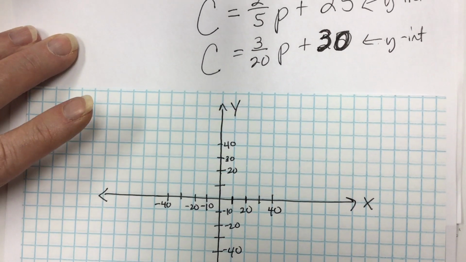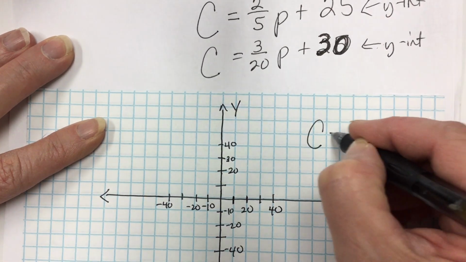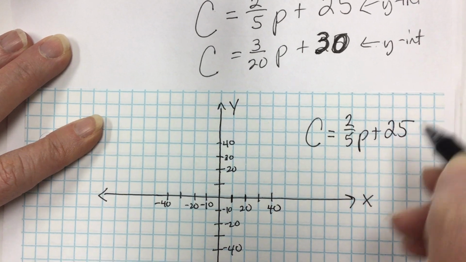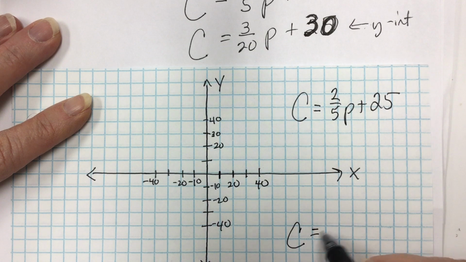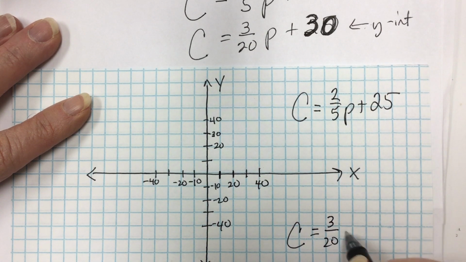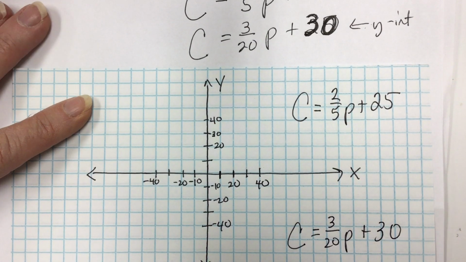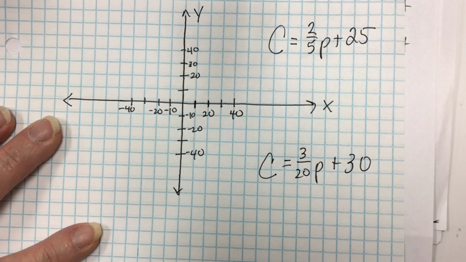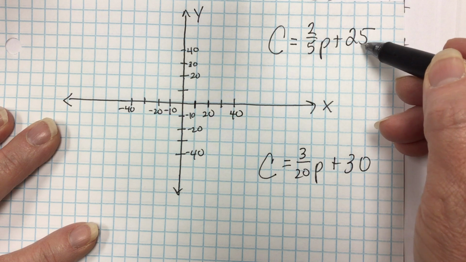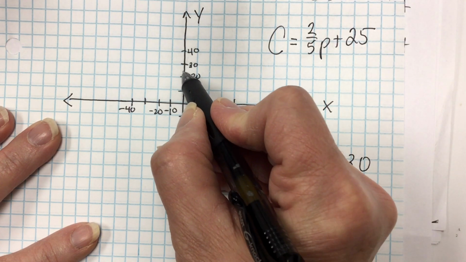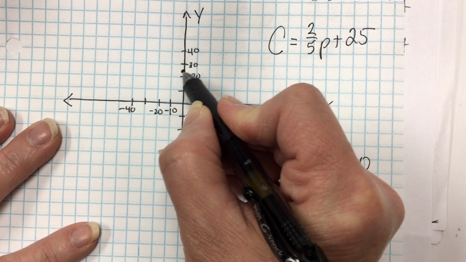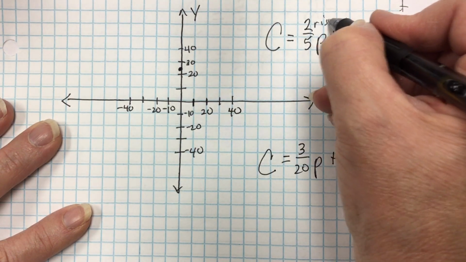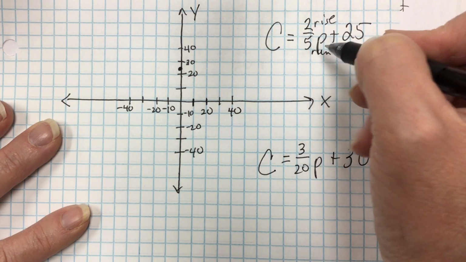Now, let's graph. I want to graph C equals 2/5 P plus 25, and then I'm going to graph C equals 3/20 P plus 30, okay? Graphing the first one, your y-intercept is 25, so I'm going to go up 25 on the y-axis and make a point. Now your rise is 2, your run is 5.